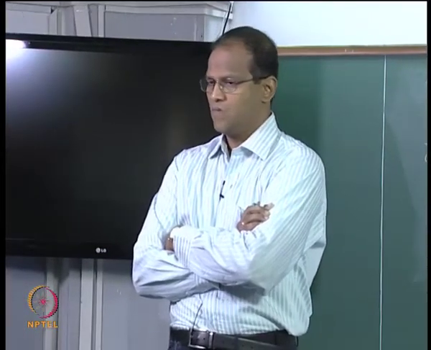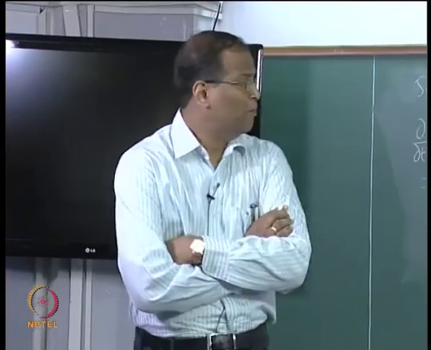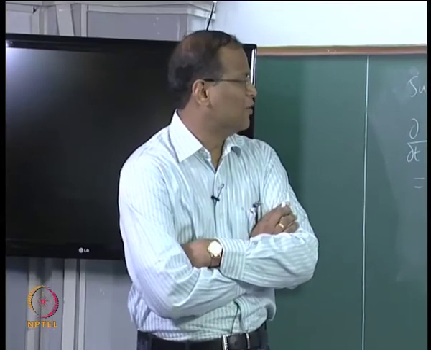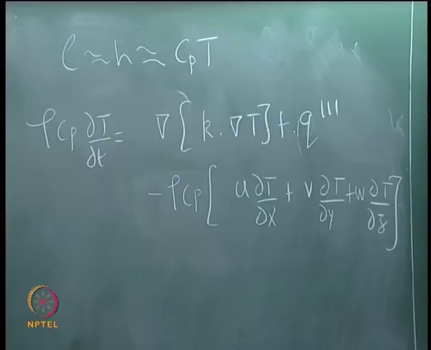People who learn convective heat transfer, you remember that u dou T plus v dou T will be the advection term in your energy equation in convection. So we can take the advection term to the left hand side.